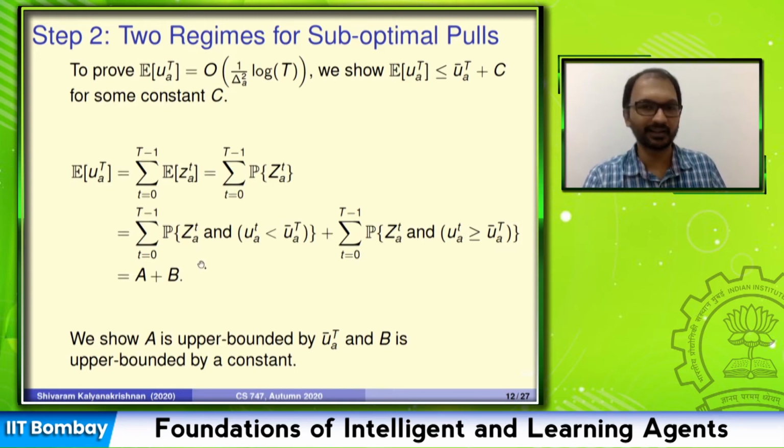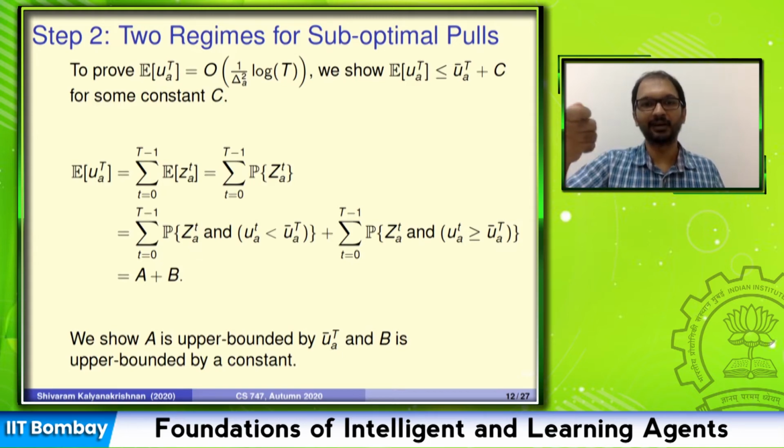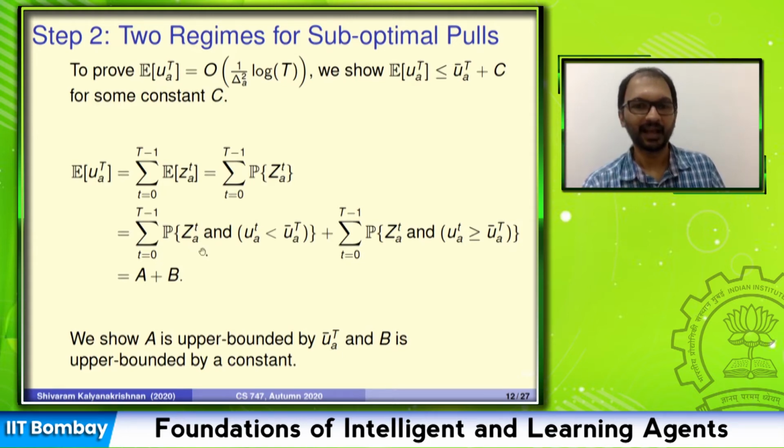So look at what's going on in the first sum. We are looking at the event that Z_tA happened, which means at time t, arm A got pulled, and also the event that the number of pulls was less than U bar_tA. Now think about it. If you sum this up over time, each time Z_tA happens, U is going up by 1.